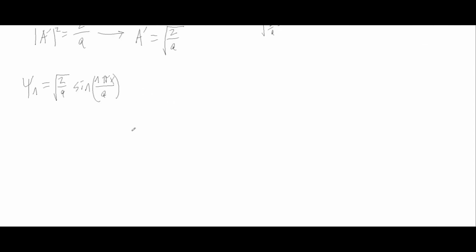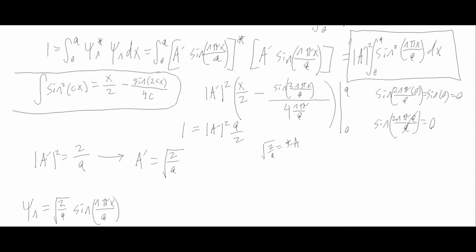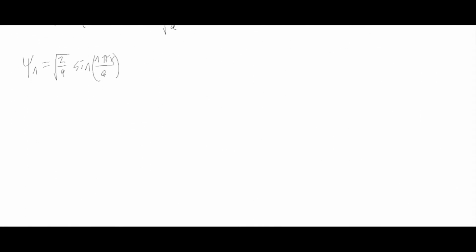And so we can actually use this wave function and plug it into the Schrodinger equation, which, if you remember, the time-independent Schrodinger equation is minus h bar squared over 2m d squared psi over dx squared, plus the potential equals the energy.